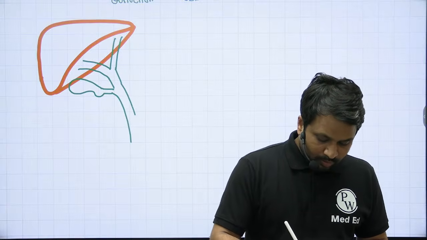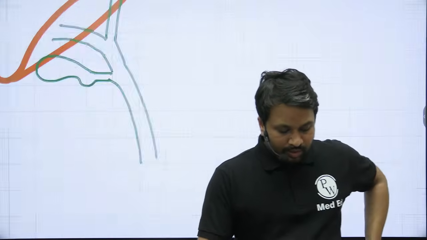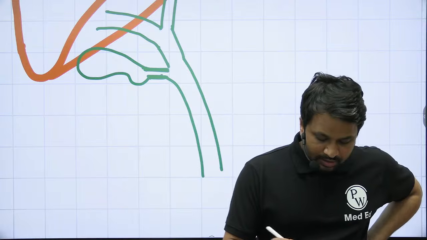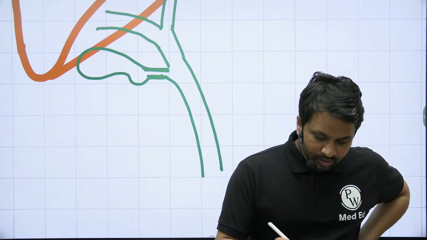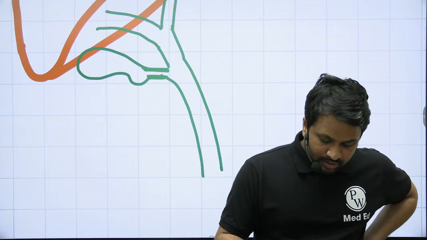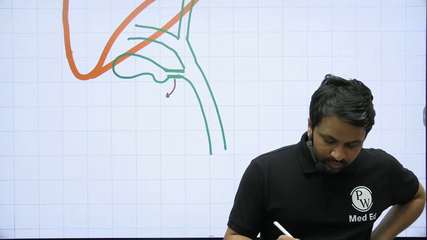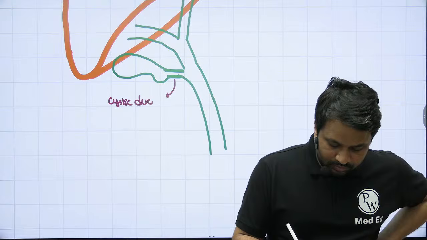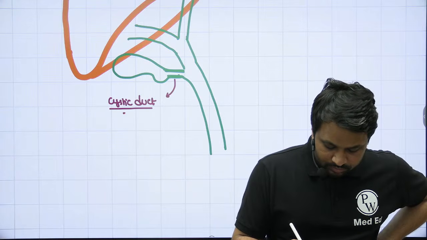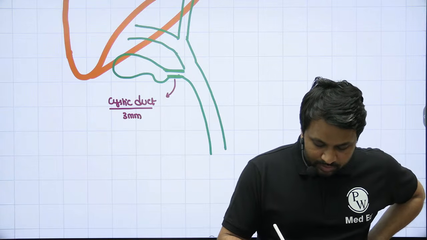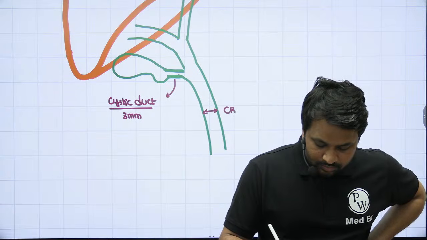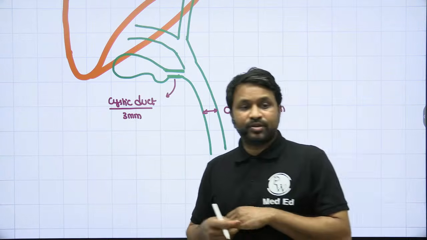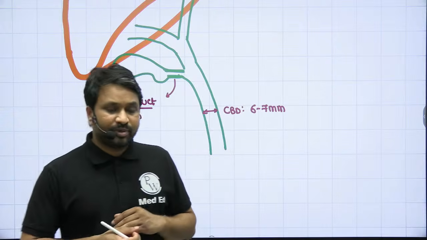Look at the diameters: the diameter of the cystic duct is 3 millimeters, and the diameter of the CBD is 6 to 7 millimeters, right?